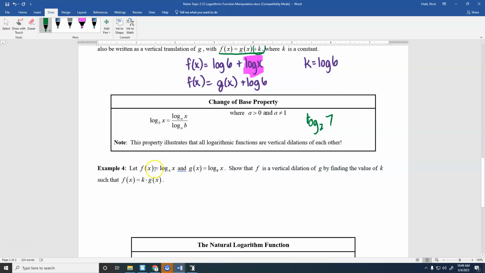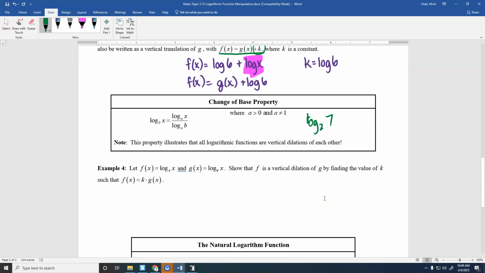Okay, so it says let f of x equal log base 4 of x and g of x equal log base 9 of x. Show that f is a vertical dilation of g by finding the value of k such that f of x equals k times g of x.